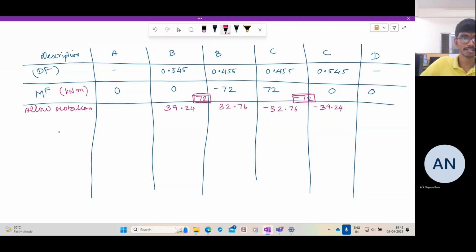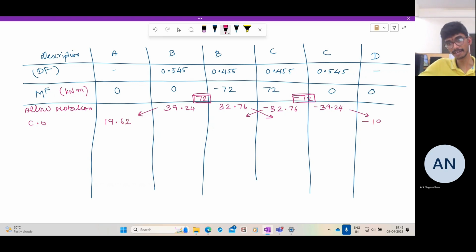Since you have allowed a rotation, there will be a carryover moment to the far end. So half of it will get carried over here. Half of this will get carried over here. Not only that, half of this will get carried over here and half of this will get carried over, because these joints were also assumed to be fixed relative to each other. So half of this is 19.62.